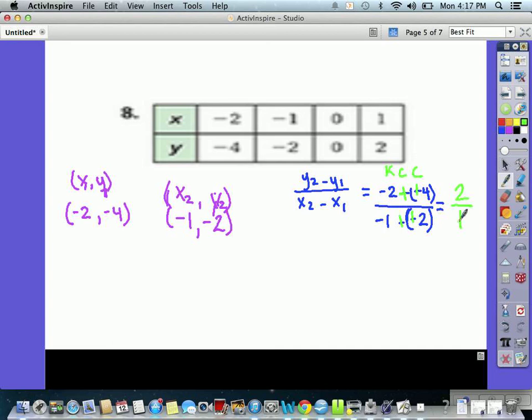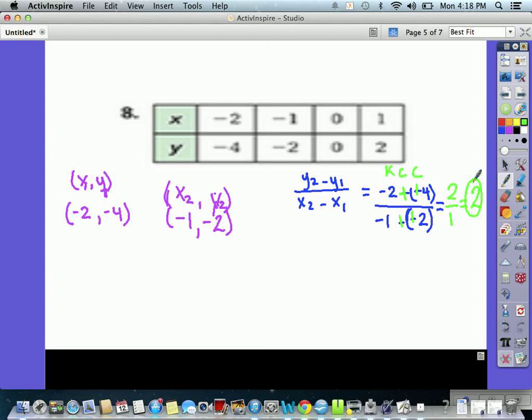So any number over 1 is just that number. I'm going to move this over so you can see it a little better because it's running off the page right now. That was 2 over 1, which is equal to 2.